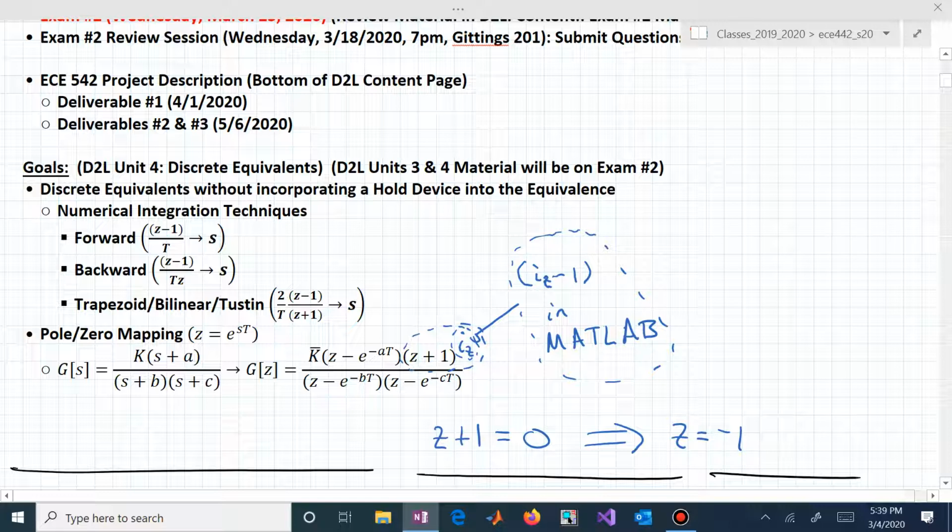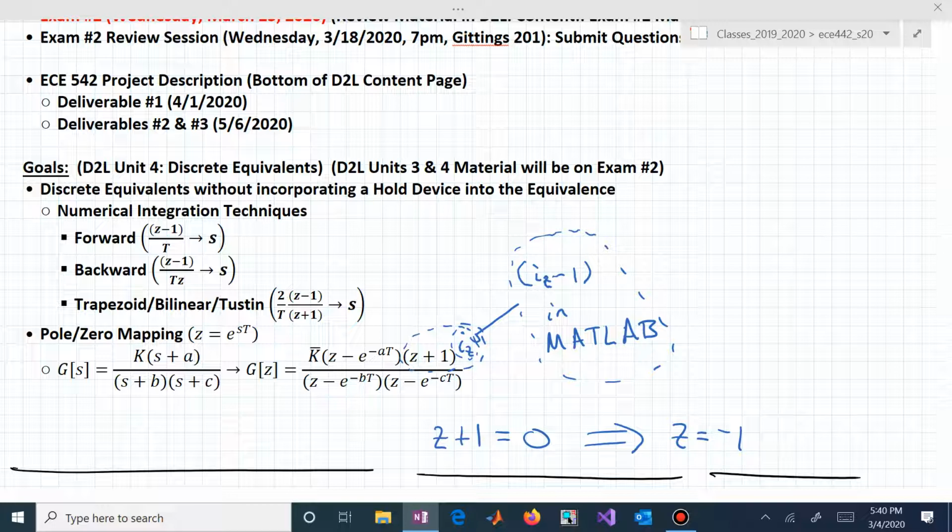Or if we had two zeros at infinity in the G of s expression, we would have two of these factors, z plus 1, or two zeros at minus 1 in the G of z expression.